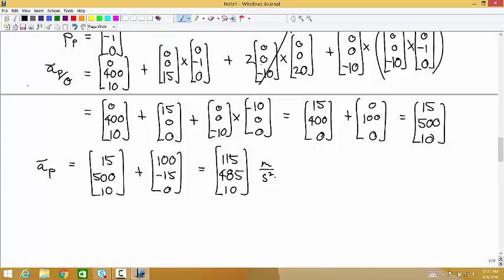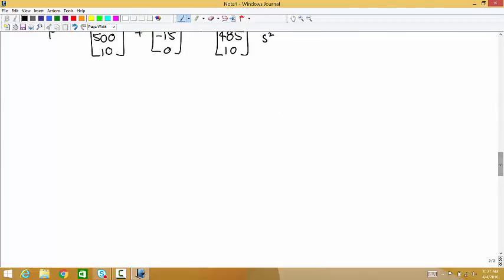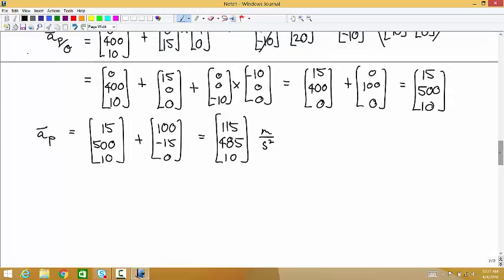Any questions about that? Yeah. It's not necessarily a question. I know we would never do this, but for P relative to the origin, why wouldn't you just use the watermelon equation then? Why do you use this equation?